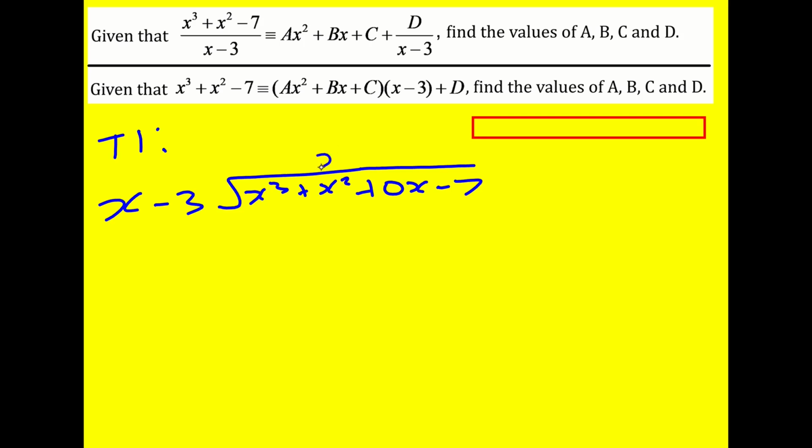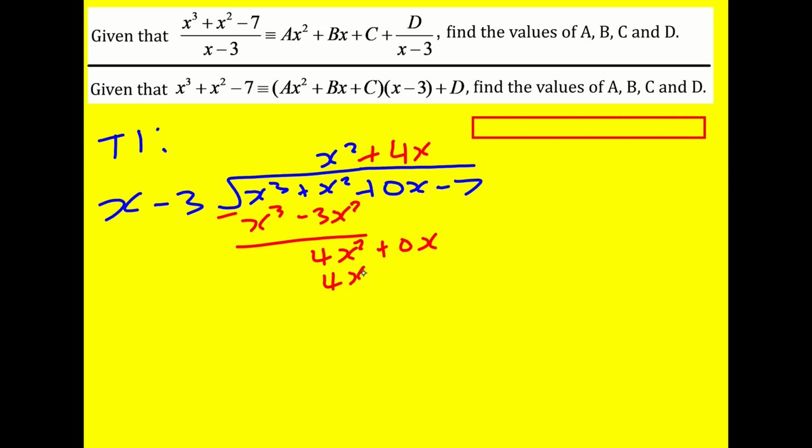So we get x squared, multiply back through, subtract 4x squared, bring the 0 down, plus 4x, multiply back through, 4x squared minus 12x, subtract.